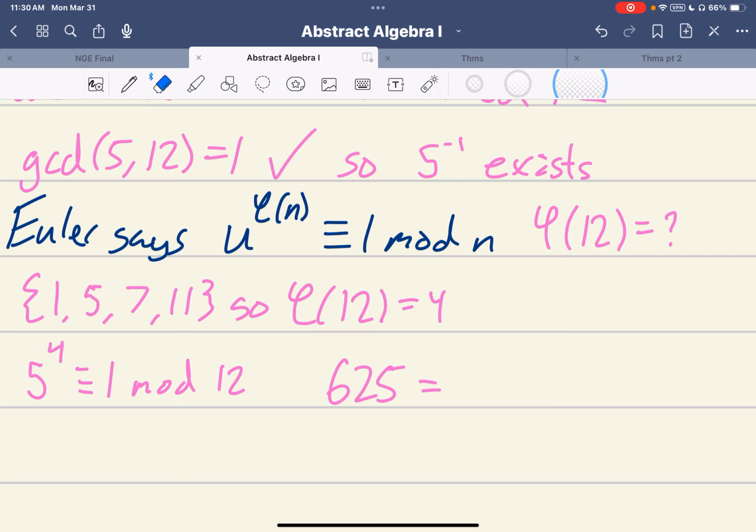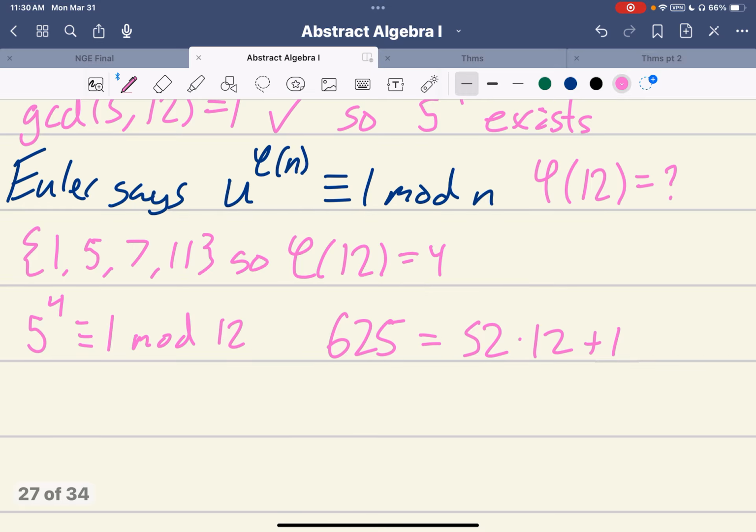Oh goodness, why did I say I would do this? That's going to be 52 times 12 plus 1 because that will equal 600. The 2 will get you 24, and then there's a plus 1. So we have a remainder of 1. The modular arithmetic works. Just to double check that Euler wasn't wrong, although there's no way that we would be this far into this class if that was true.